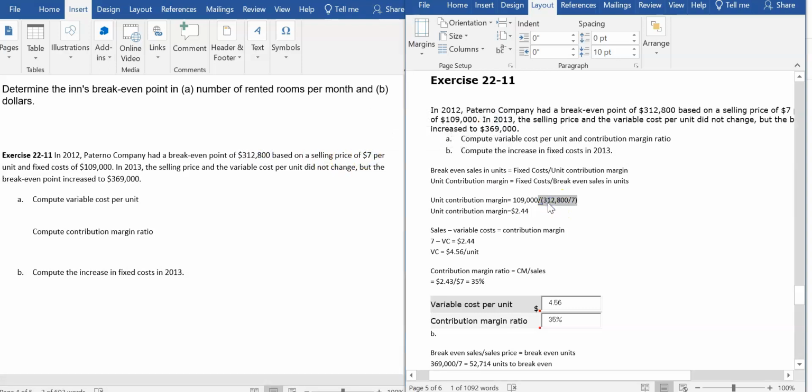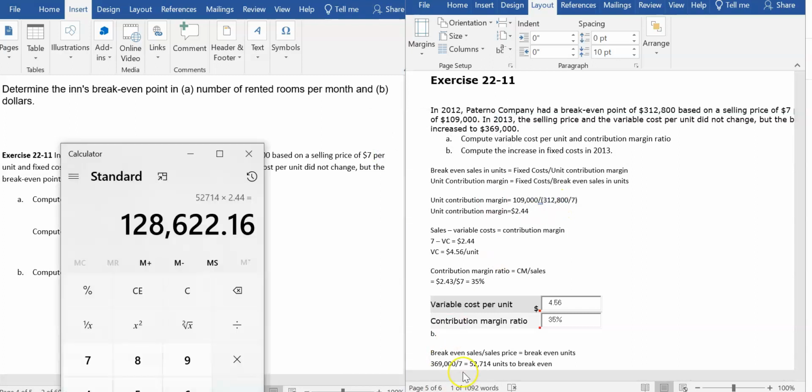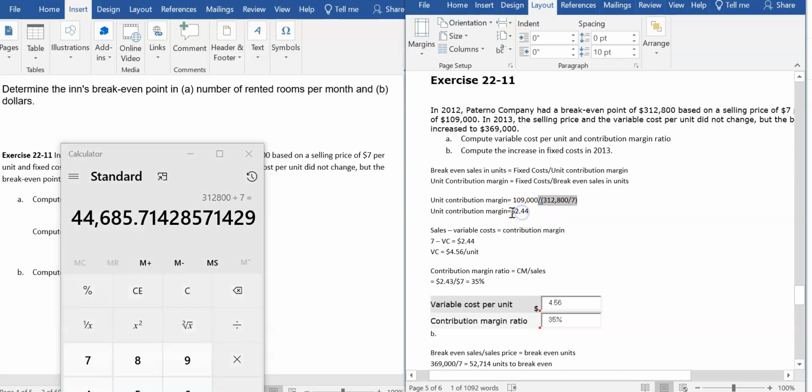If I divide 312,800 by the selling price per unit, I get the number of units to break even of 44,686.